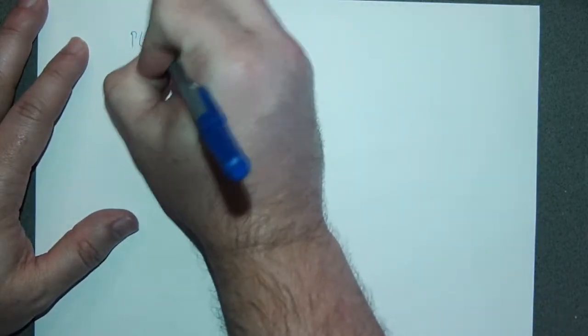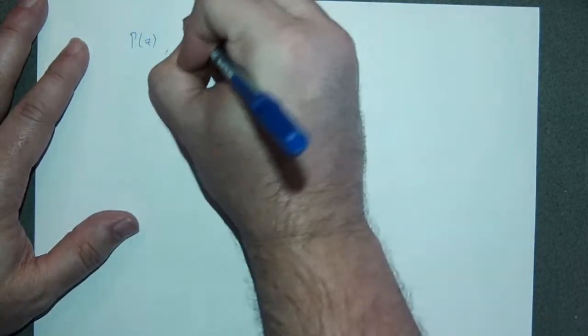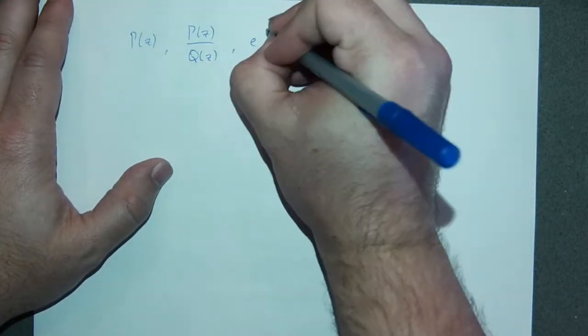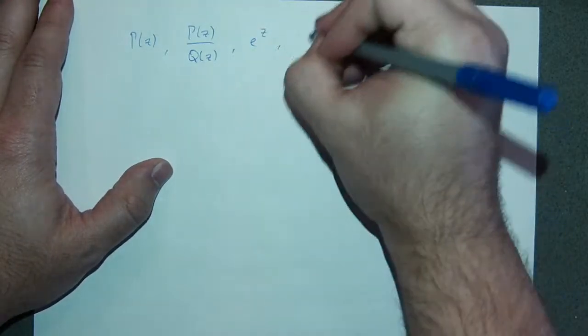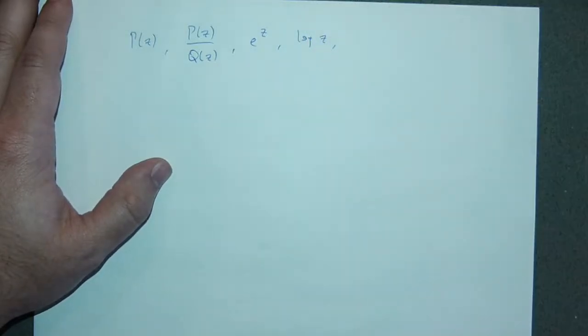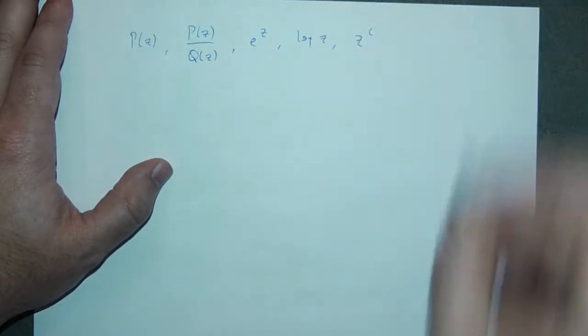So what have we talked about? We talked about polynomials, p of z. We talked about rational functions, p of z over q of z. So that's analytic wherever q of z is not 0, right? Okay, we've talked about e to the z. We've talked about log z. We have now talked about z to the c.